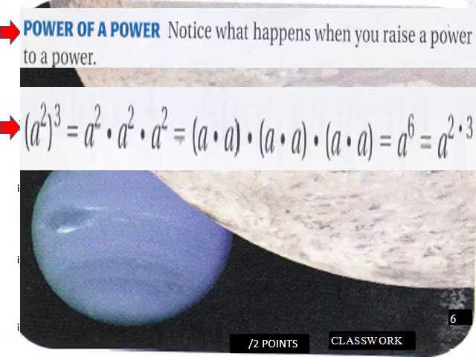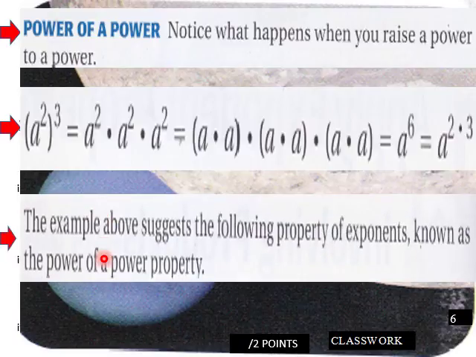Classwork, this is a good definition slide here. Now we're going to get into the power of a power property. Notice what happens when you raise a power to a power. So we multiply here. 3 times 2 is 6. So A to the 6 equals A to the 2 times 3.